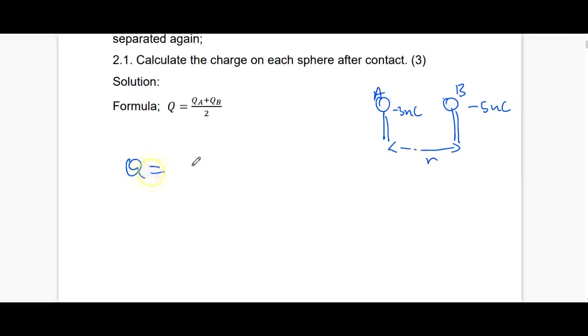Q equals QA, which is -3 times 10 to the power -9 coulomb, plus -5 times 10 to the power -9 coulomb, divided by 2. So now I have -3 plus -5, which is -8, divided by 2.